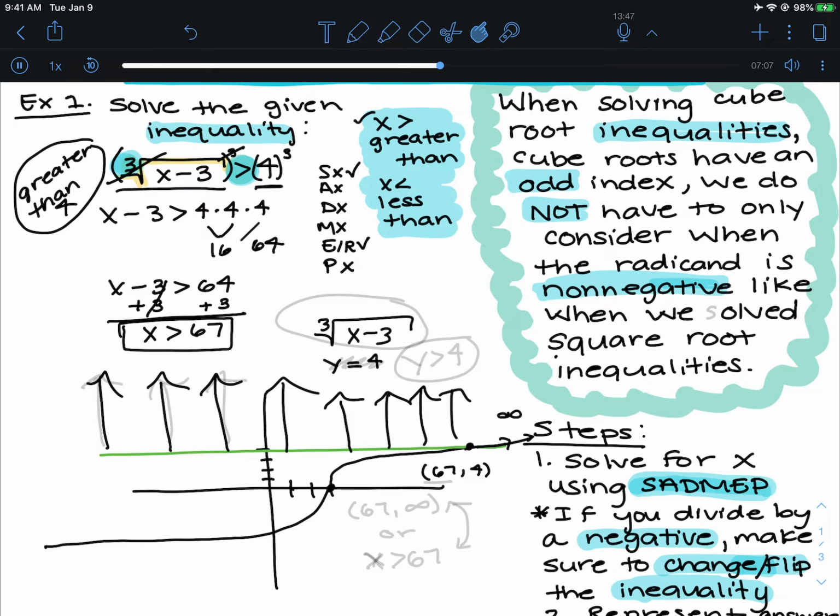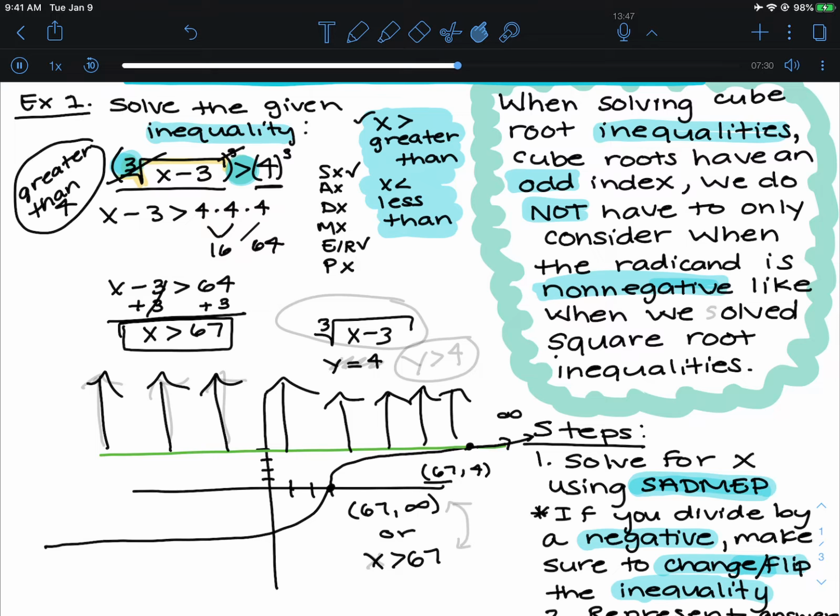So basically what I'm going to want to do is that I'm going to want values that are 67 or greater, so 67 all the way up to infinity, or you can say I want x values that are greater than 67.